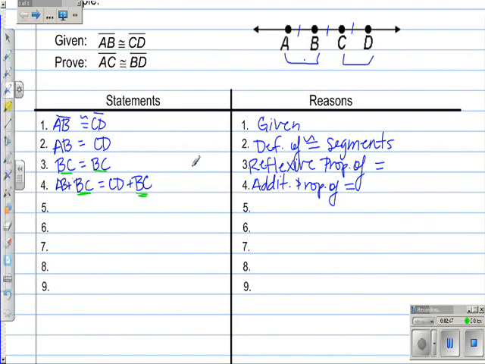Now, since we know that AB plus BC equals CD plus BC, then we also know that AC, our goal is to get AC congruent to BD. Well, we know that AC is the length of AB plus BC by our segment addition postulate.